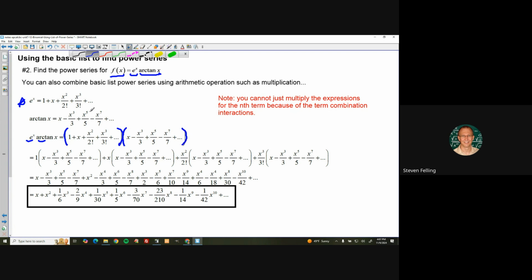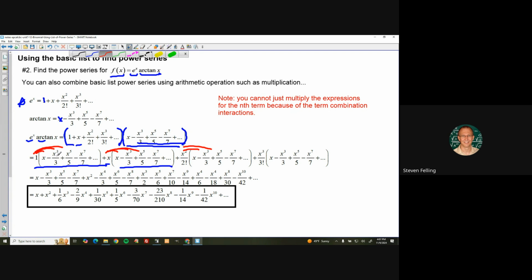So it's not just this one term times this x. You have to then do distribution. So it means this entire thing here times 1 first, right? And then this entire thing over again times x, plus this entire thing times x squared over 2 factorial. Then you would want to distribute all these terms.